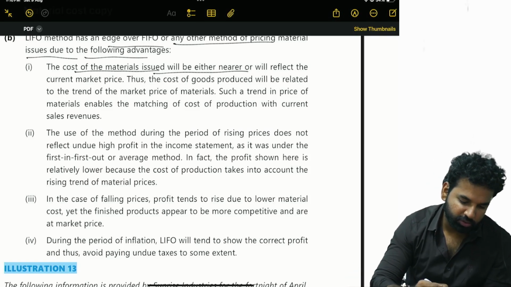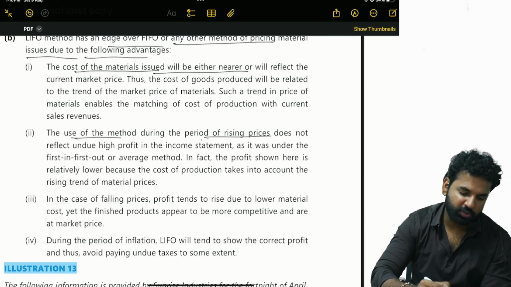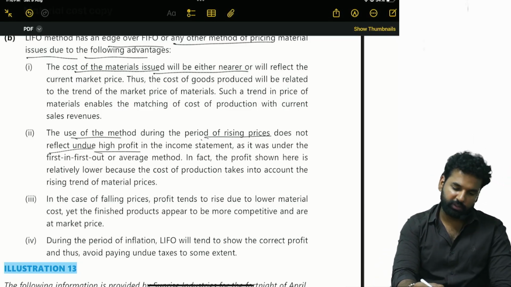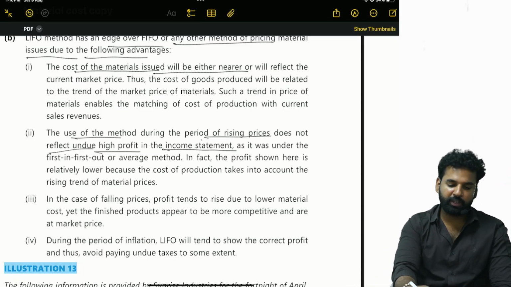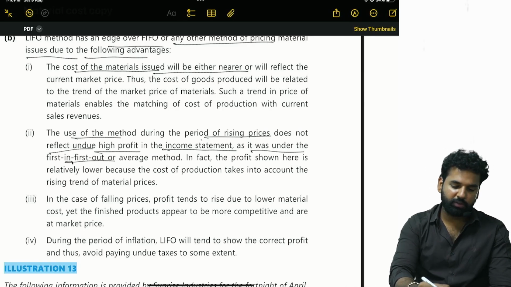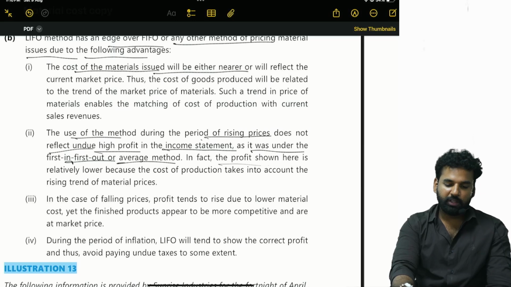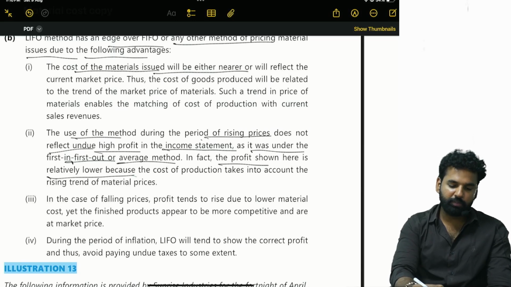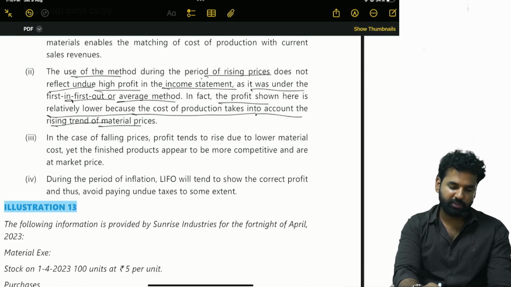Okay. So use of this method during the period of rising prices does not reflect undue high profit. So correct profit will be reflected, and as a result, the correct tax has to be paid. Under the FIFO or average method, the profit shown is relatively higher. Here the profit is relatively lower because the cost of production takes into account the rising trends of the material prices.